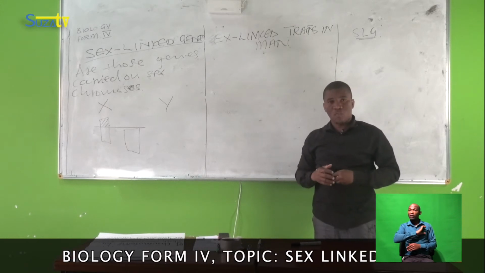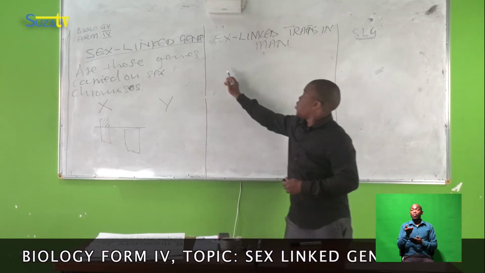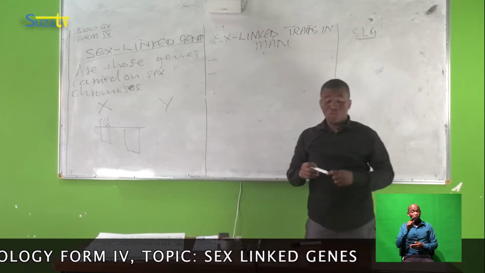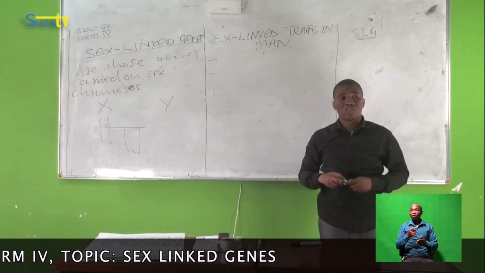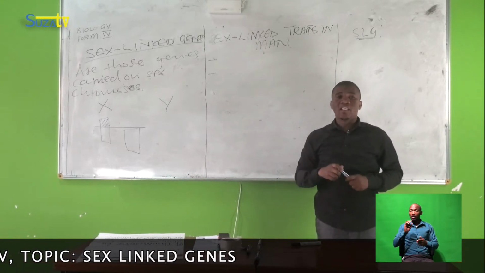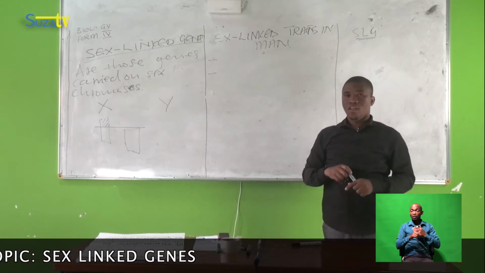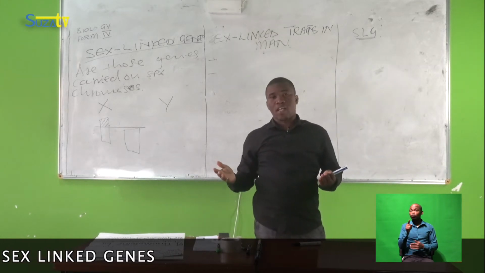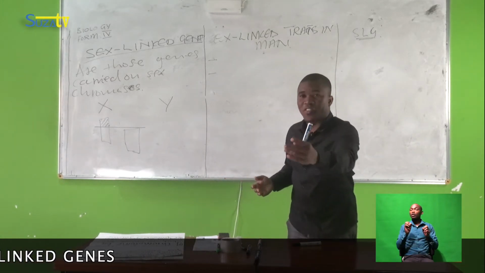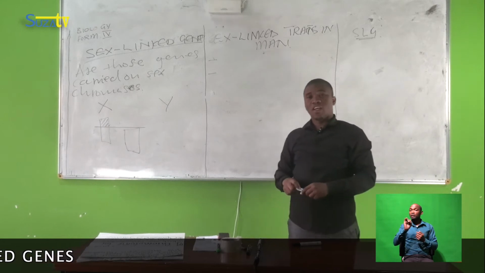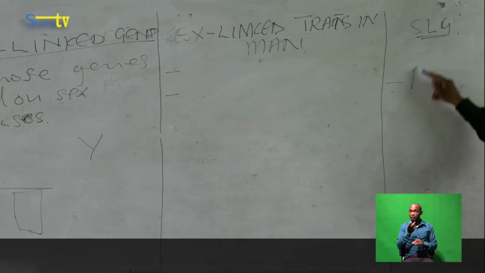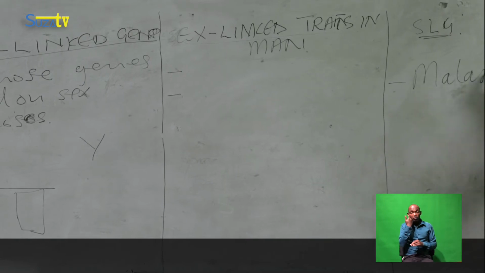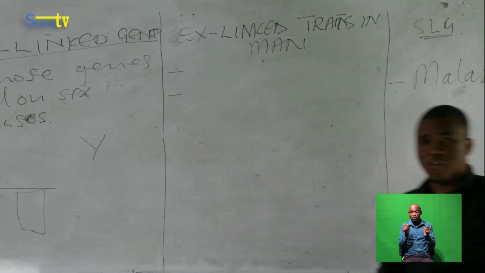Are we together, students? I want you to try to mention an example of traits or characteristics of sex-linked genes in man. Syra, can you try, please? Good. You say malaria. Clap one for Syra.